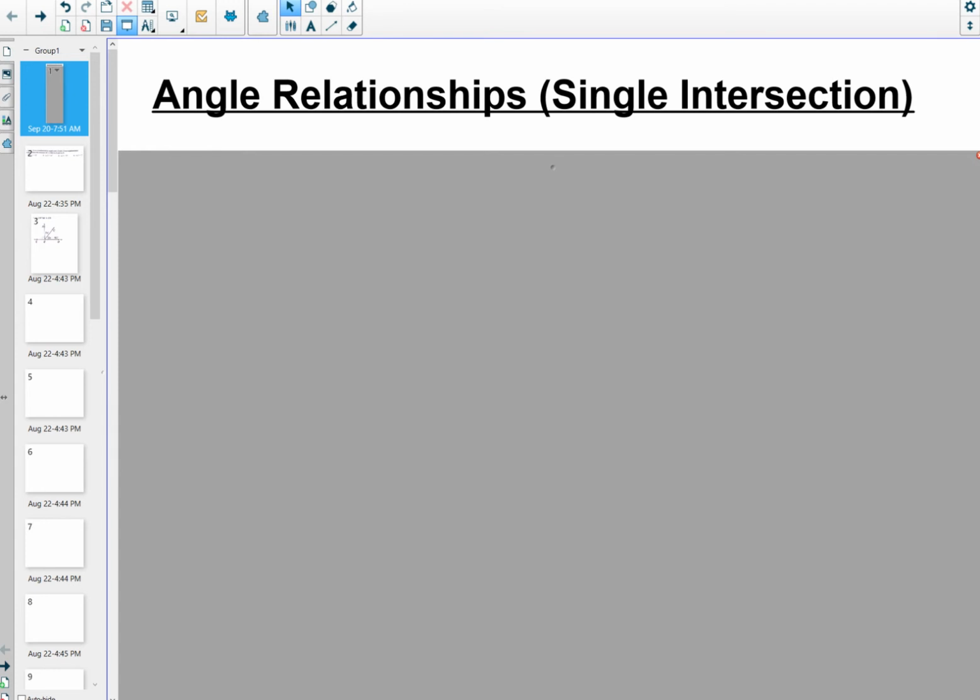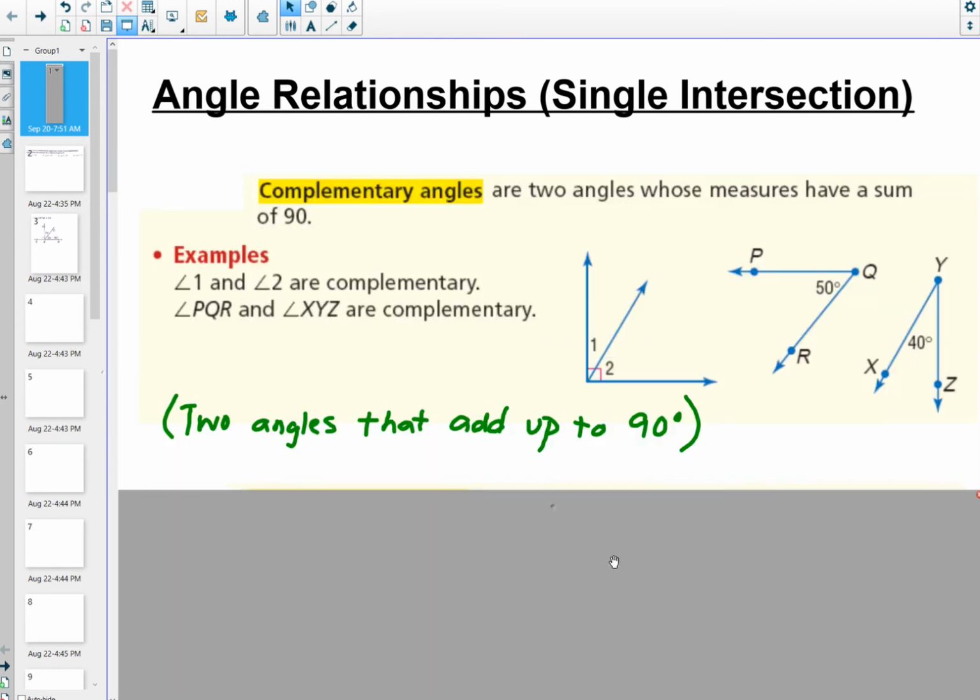Today, though, we only learn 2 relationships because we're dealing with angle relationships that are at a single intersection. What I mean by that, let's throw this up here.